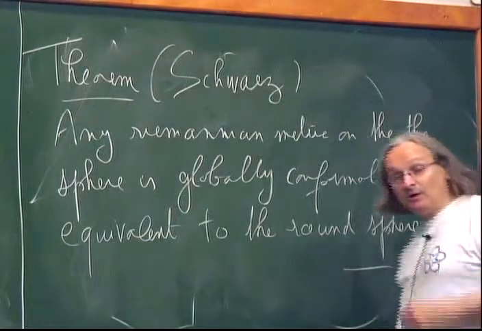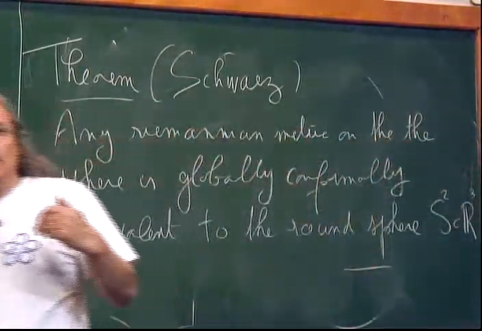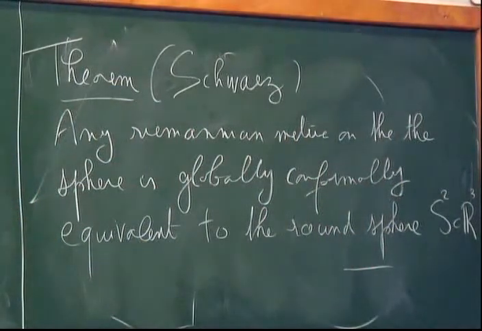So you see, this is a global version of the theorem of Gauss. Not only can you map a small country to the Euclidean plane, but globally, the surface can be mapped conformally to the sphere.